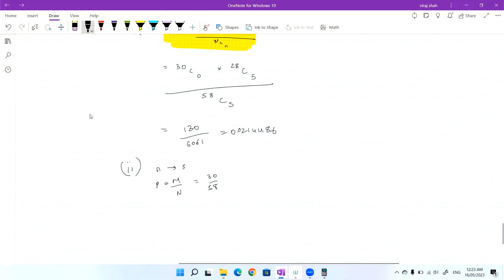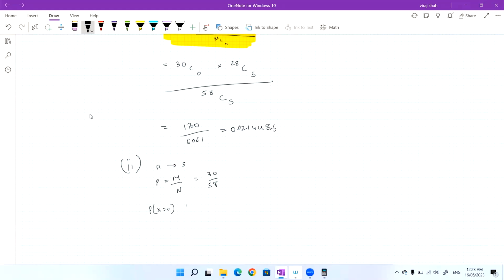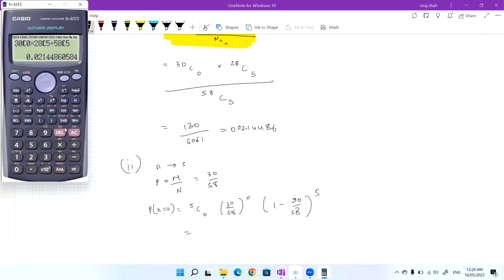So probability x equal to 0 would be nCx P raised to x, which is 30 by 58 raised to x, Q raised to, so 1 minus P, raised to n minus x, 5 minus 0 is 5. Just put this in your calculator again and you will be done.